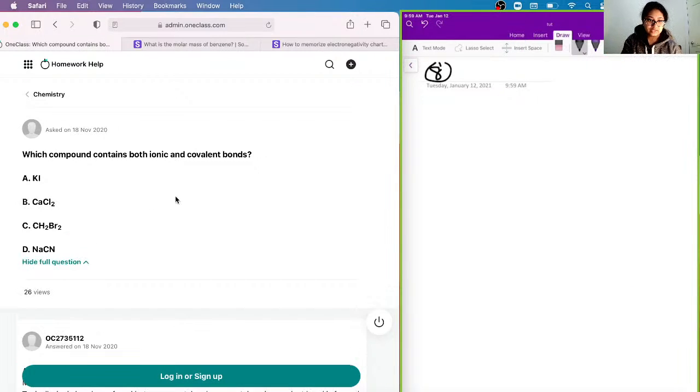Okay, so this question says, which compound contains both ionic and covalent bonds? An ionic bond is an electrostatic force that holds ions together in an ionic compound.